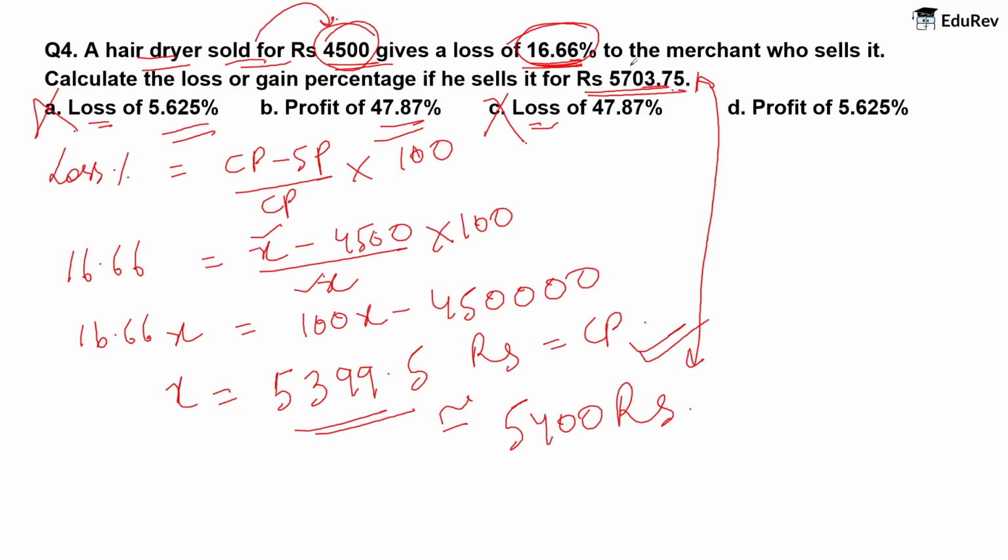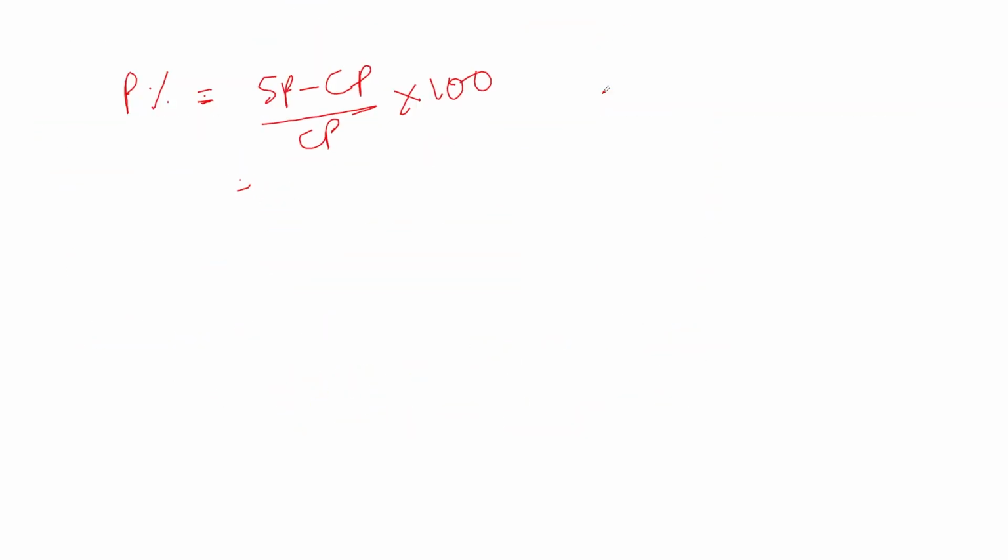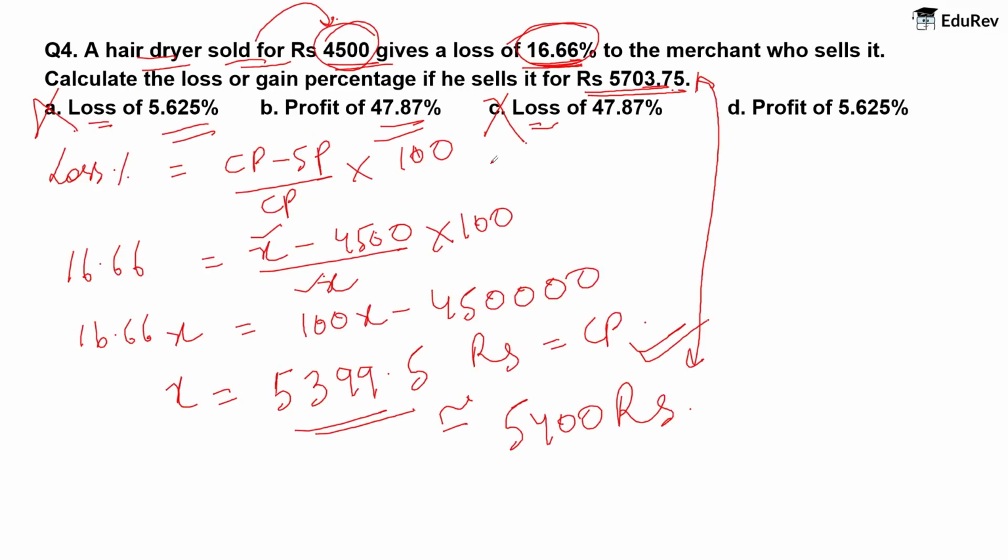So profit percentage will be profit, that is SP minus CP upon CP into 100. So SP over here you can see is 5703.75. You can take this also equal to 5704 as you wish.